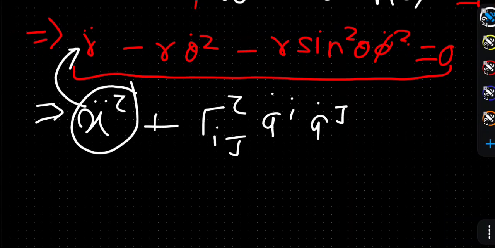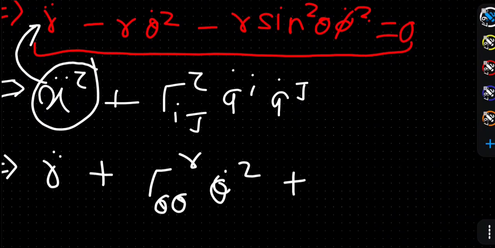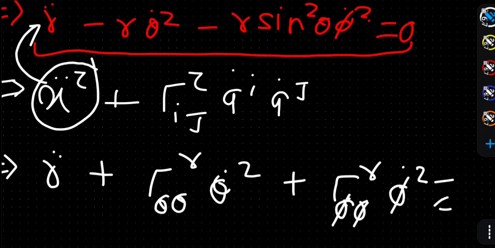You are seeing it? Yes, there is r̈, and let me write it using the equation, that r̈ plus r can be written as Γ^r_θθ θ̇², and plus Γ^r_φφ φ̇² equals 0.